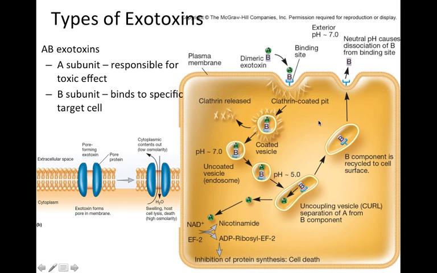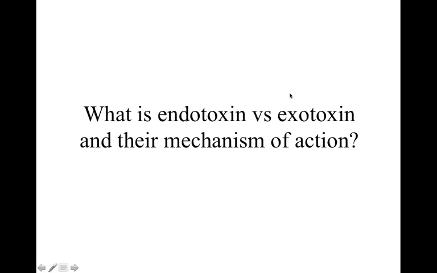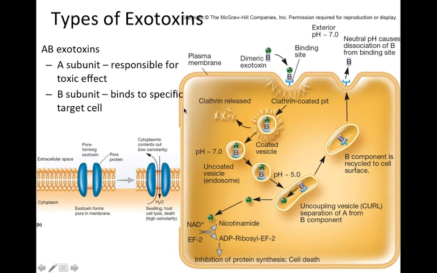They have different mechanisms of action in causing effects on the host cells. Not all, but a lot of exotoxins are these AB exotoxins. The A is for activity and the B is for binding. So the B binds to the host cell to get in.